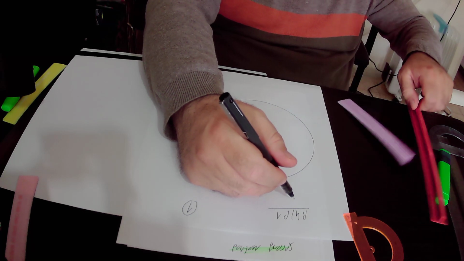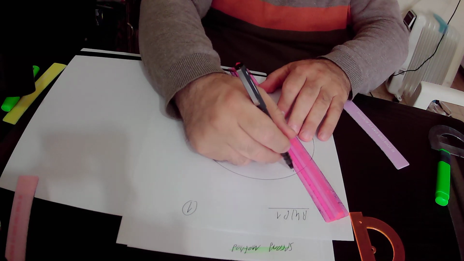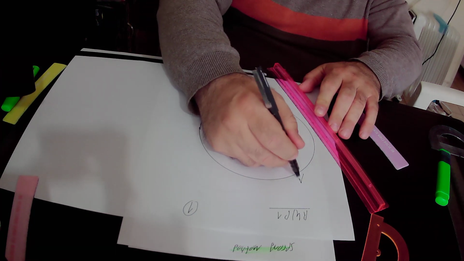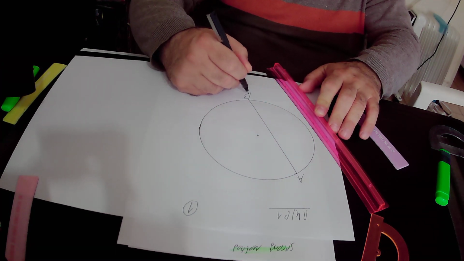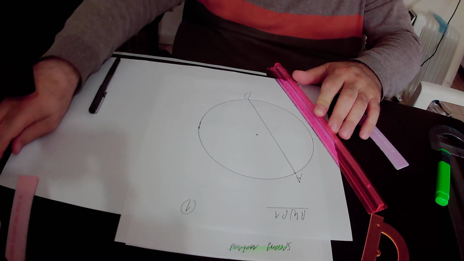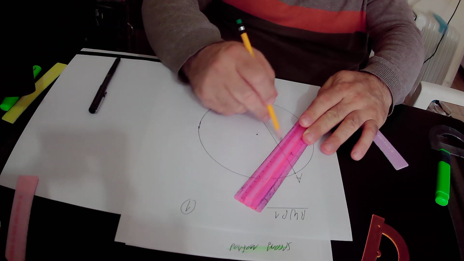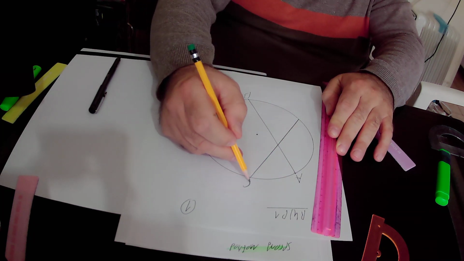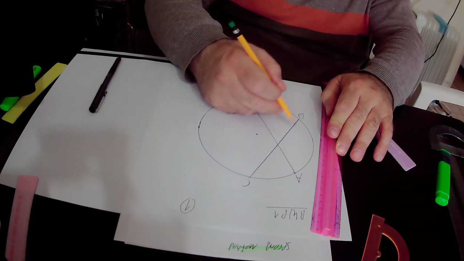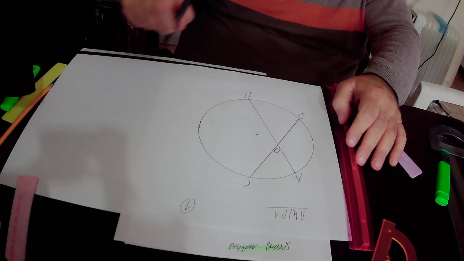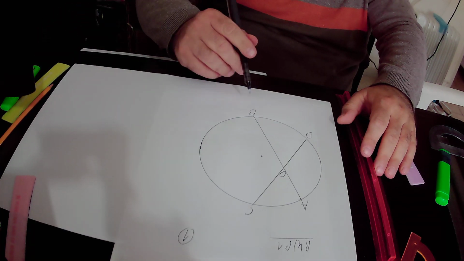According to rule number 1, if chord AB intersects with chord CD at point O, the intersection point, then the following equation is true.